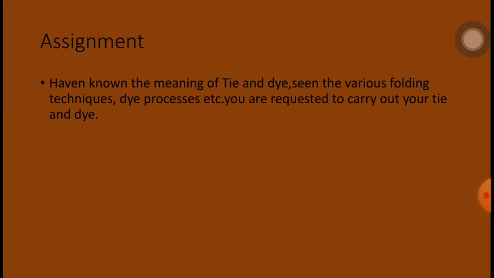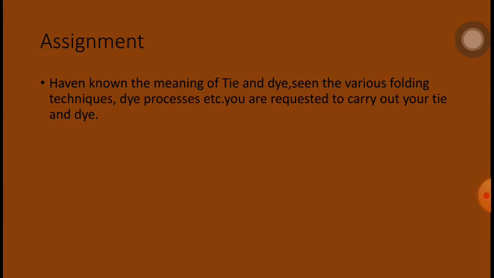Having seen all this, we have an assignment to carry out. Having known the meaning of tie and dye, and seen the various folding techniques and dyeing processes, you are requested to carry out your own tie and dye.